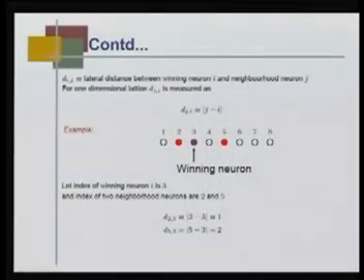So, given a neural lattice, we first find the winning neuron based on the Euclidean distance measure, and then the distance of the neighboring neurons from the winning neuron is computed.